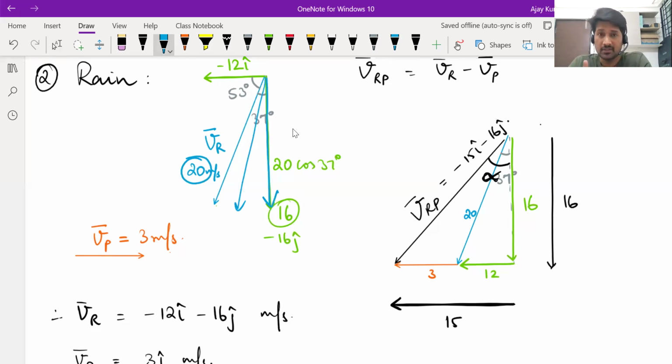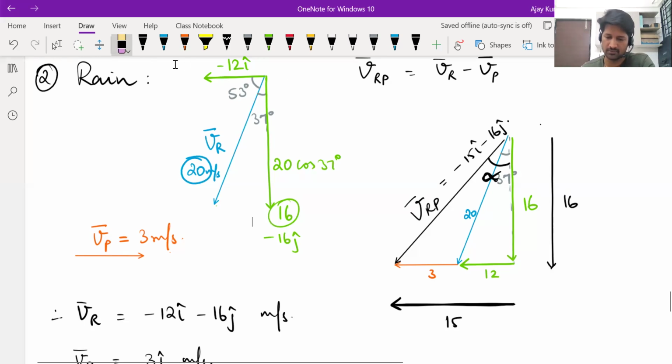So if a person moves with a particular velocity, the raindrops can appear to fall vertically to that person. Okay, they're not actually falling vertically, but there is one way in which they can appear to fall vertically to that person. Okay, let us find that out, how it is possible.